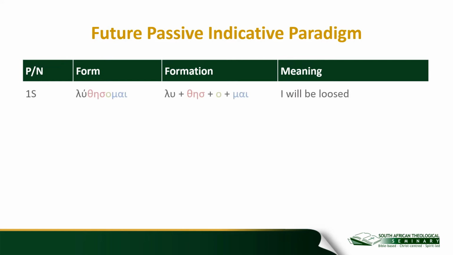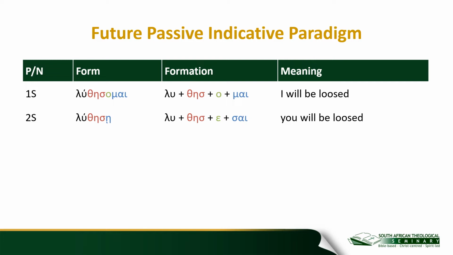The one singular, lythēsomai, is from the tense stem lu plus the future tense formative thēs, connecting vowel omicron, personal ending mai, I will be loosed. The two singular, lythēsē, is from the tense stem lu, the tense formative thēs, connecting vowel epsilon, and personal ending sai.